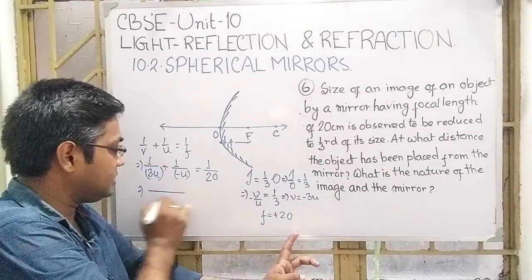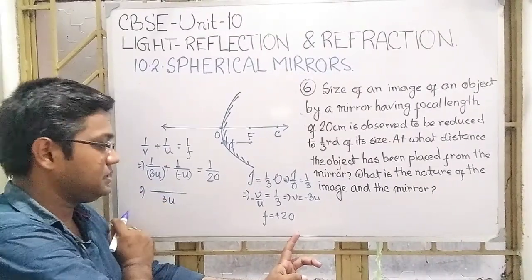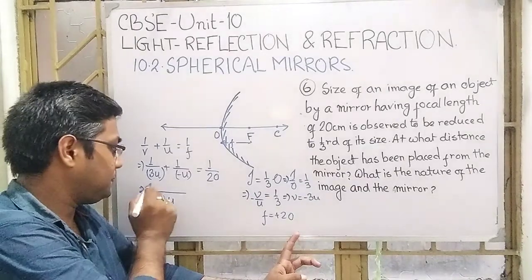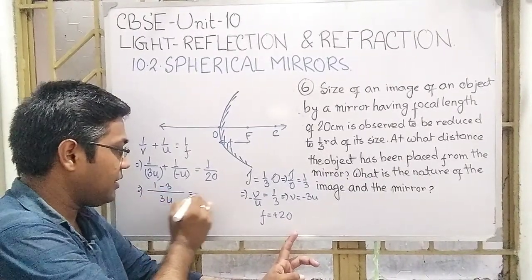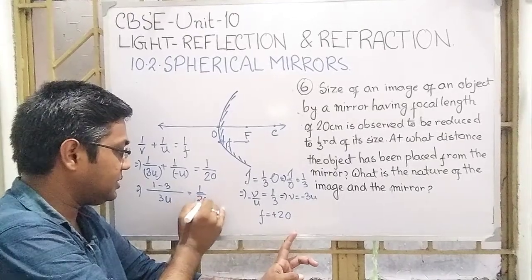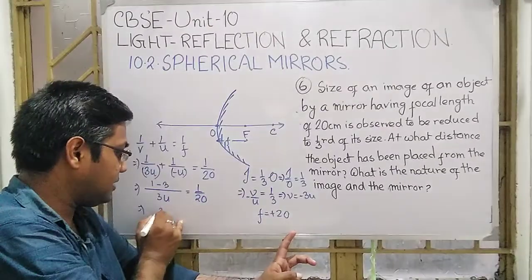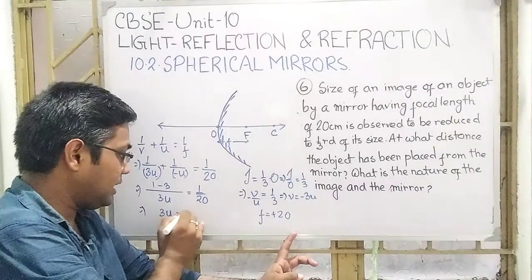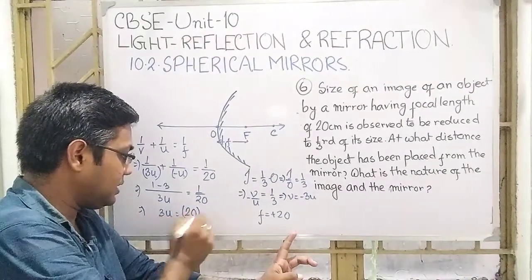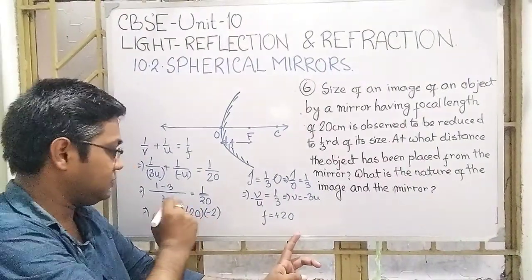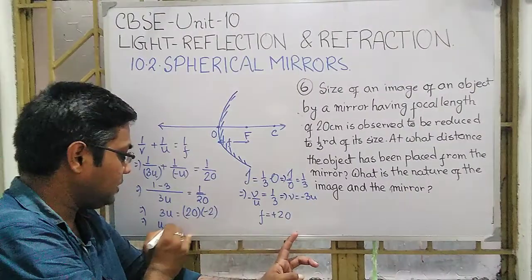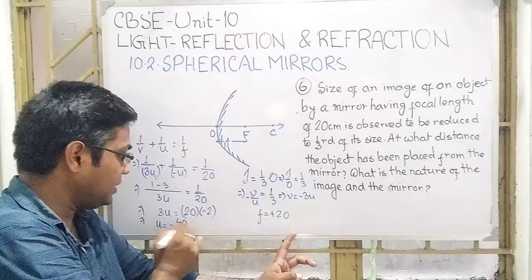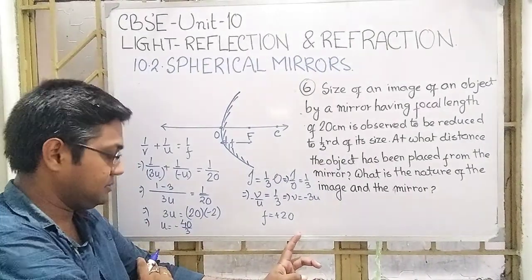In that case, it is 3 by u, it is minus 3 by u, plus 1 by 20. So from here, if I calculate, 3u equals 20 into minus 2, equal to 3u. So from here, u equals minus 40 divided by 3.